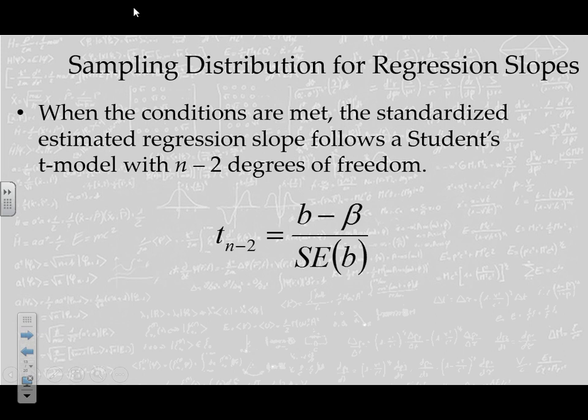Now we have those two variables, we have to adjust our calculations for degrees of freedom. So when we use our t-distribution in this case, our degrees of freedom are calculated by taking sample size minus 2. So that is a change from what we used previously. Previously with means we used n minus 1.